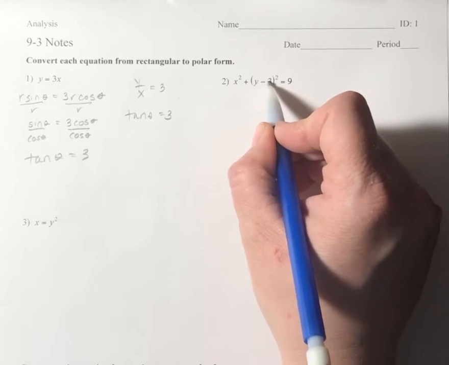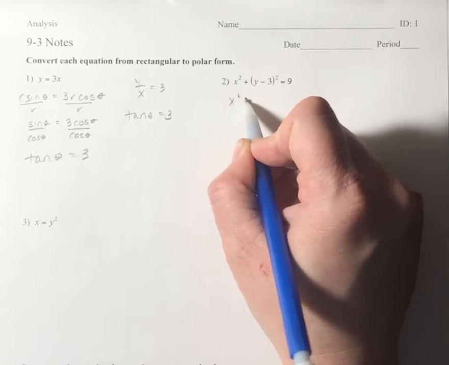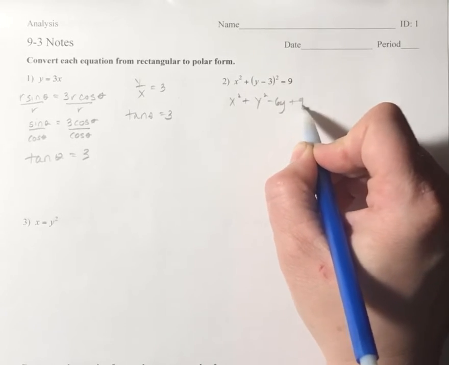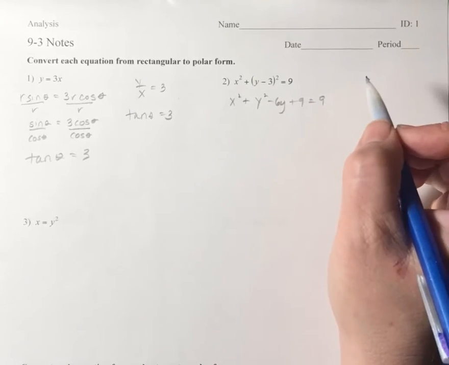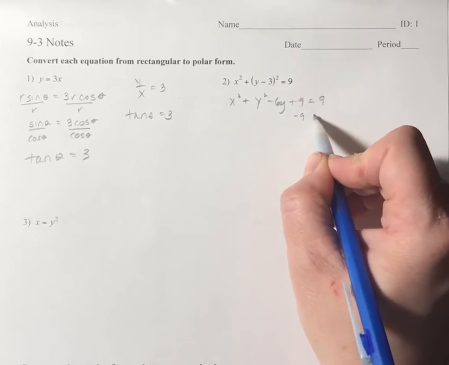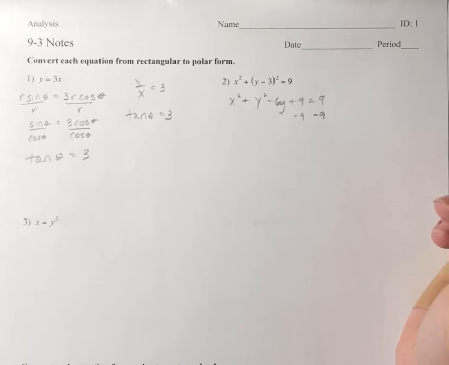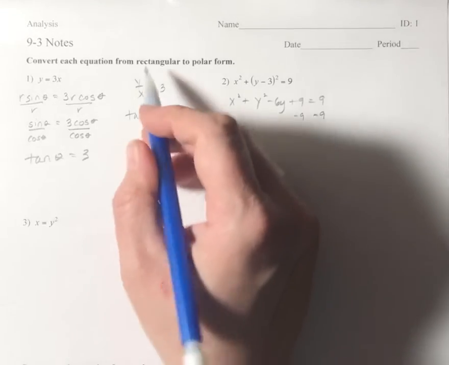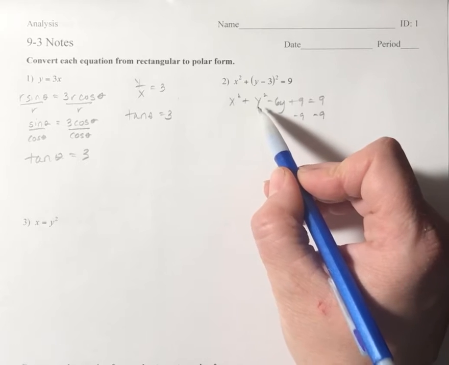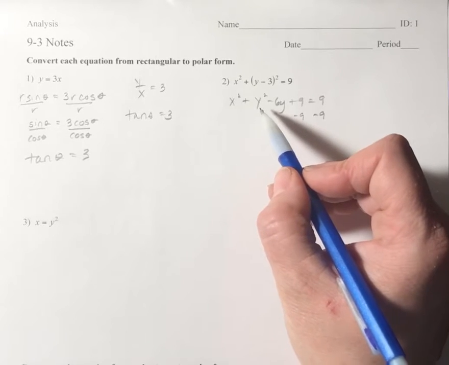I am going to FOIL this first, so I have x squared plus y squared minus 6y plus 9 equals 9. A couple things happened because I did that. Number one, I can subtract 9 from both sides right away. Another quirky one, x squared plus y squared equals r squared. I didn't have that specifically written down.